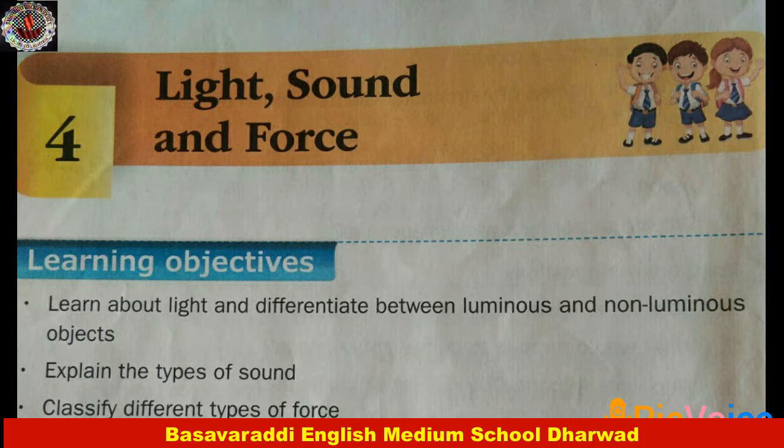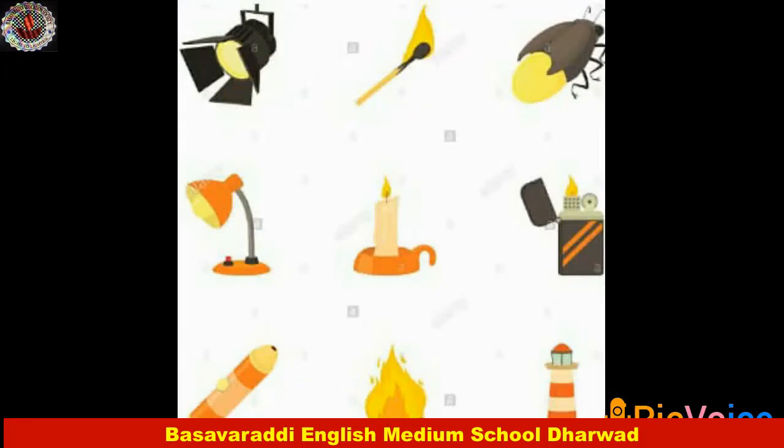The first point is light. We need light to see objects. Sun is the major source of light. Yes, look at the pictures. These are some sources of light.